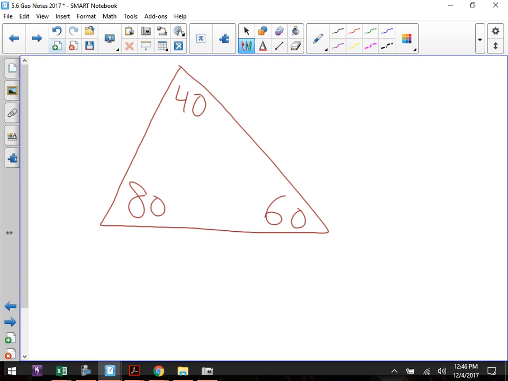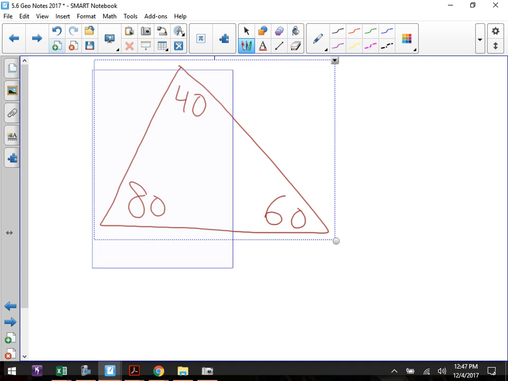No. What I'm saying is if the angle gets larger, what happens to the side across from it? If the angle gets bigger, what happens to the side across from the angle? That's what I'm saying. As the angle gets bigger, the side length gets bigger. That's where we're going with that.